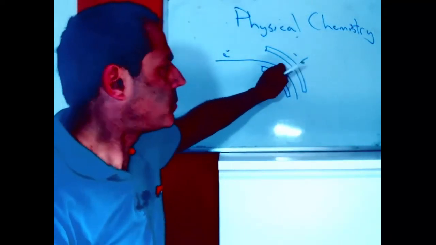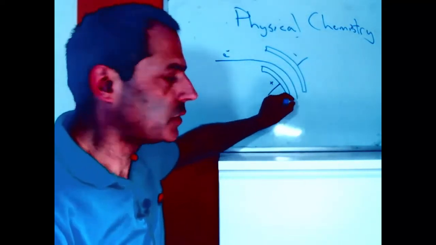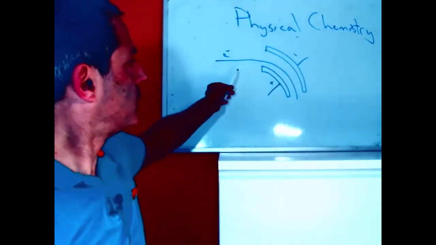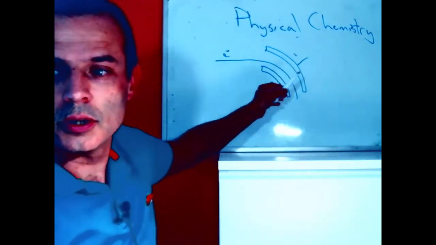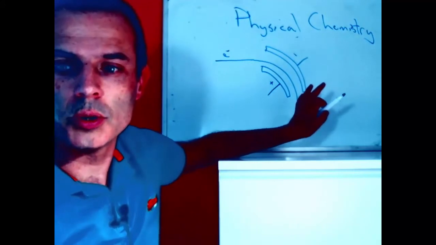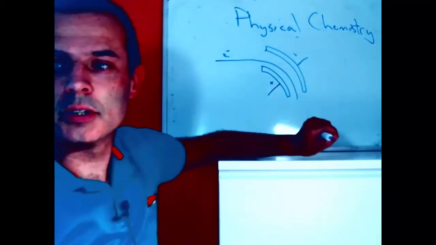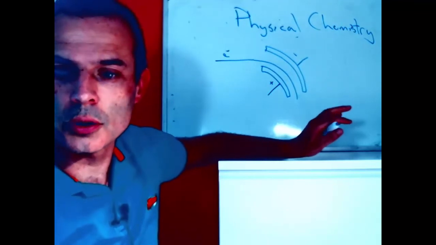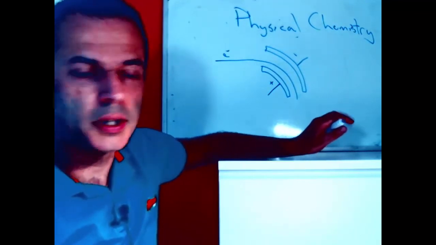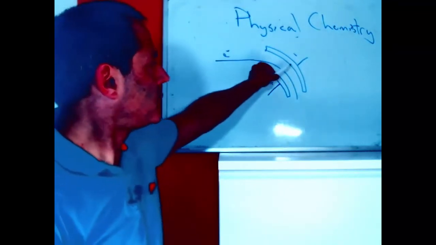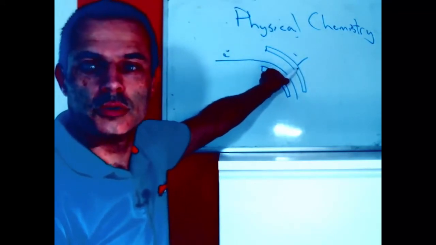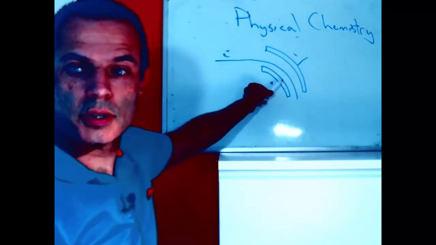So if we set up a bent path to our detector, then we can vary this field and select which electrons can get through. It's effectively a filter for all electrons that don't have the correct velocity, because if they don't, they will hit this plate if they're going too fast, or this plate if they're going too slow.